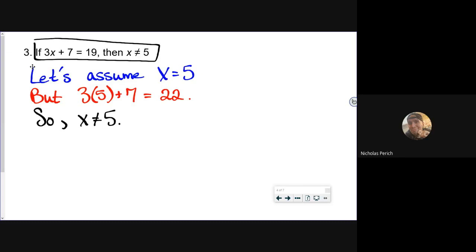The opposite of x does not equal 5 is x equals 5. Paul says, if I plug in 5, 3 times 5 plus 7 is not 19, it's 22. I'm supposed to get 19, so it's not 5, and that's what I was supposed to prove in the first place.